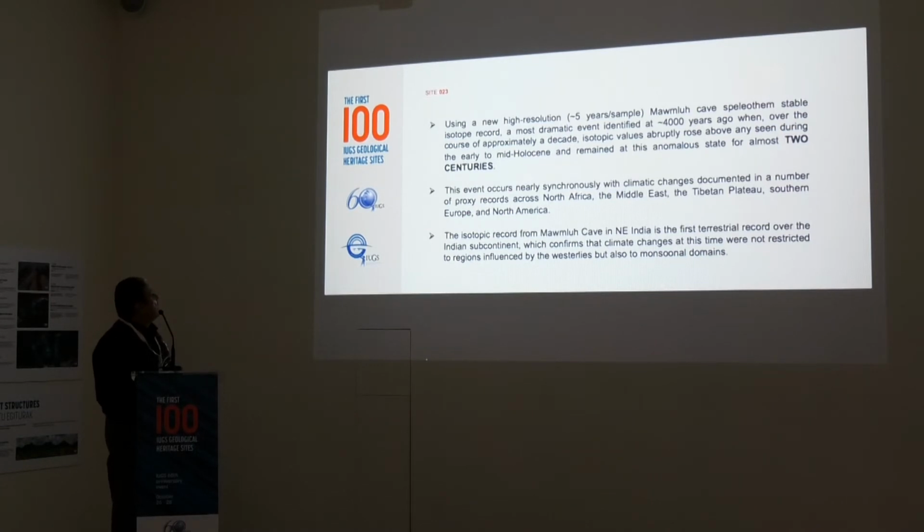This event occurred nearly synchronously with climatic changes documented in a number of proxy records from different parts of the globe. The isotopic record from Mawmluh cave is the first terrestrial record over the Indian subcontinent which confirmed that the climatic changes at this time were not restricted to regions influenced by westerlies, but also affected the monsoonal domain.